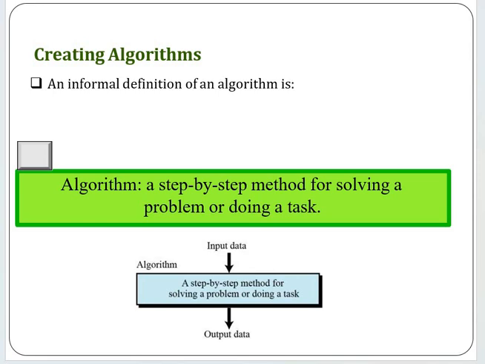Algorithms are used extensively in computer science and programming to automate tasks, solve complex problems, and make decisions. They form the backbone of software applications, from simple calculations to sophisticated AI systems.